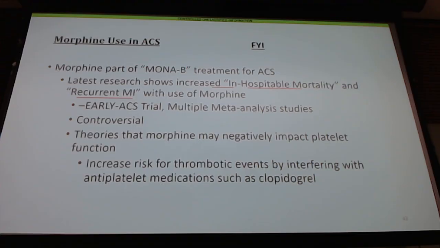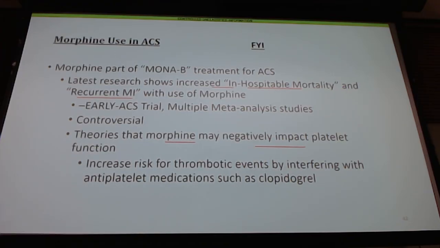The thought process with why this is a problem is that they think that morphine may negatively impact platelet function. So instead of having that aspirin or the clopidogrel working to inhibit platelets from clotting, morphine kind of upregulates and actually encourages a clot to form.